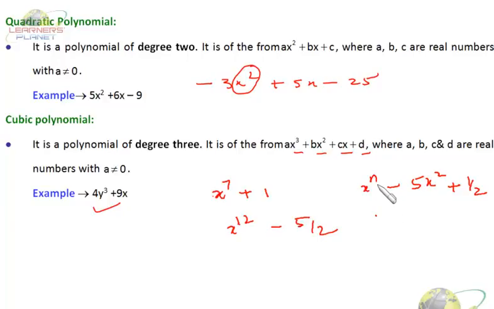If it is less than 2, then it will be a second degree polynomial. If it is greater than 2, then it is an nth degree polynomial. So I hope you are clear with the degree of polynomials.